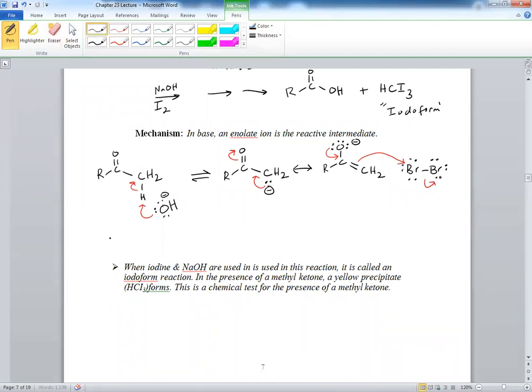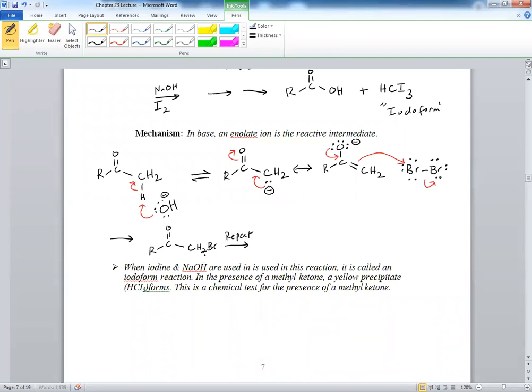Now, of course, this reaction, after you add the bromine, repeats twice.